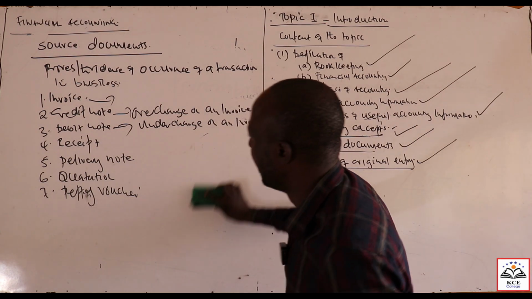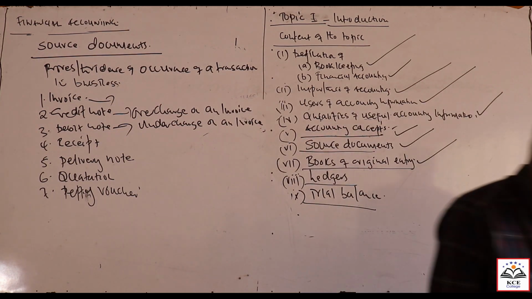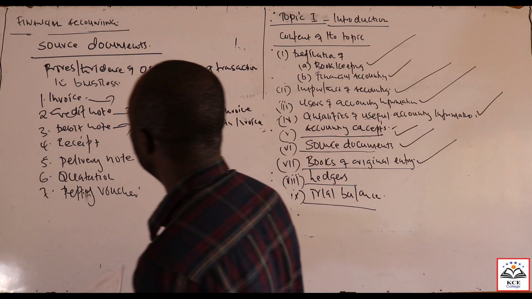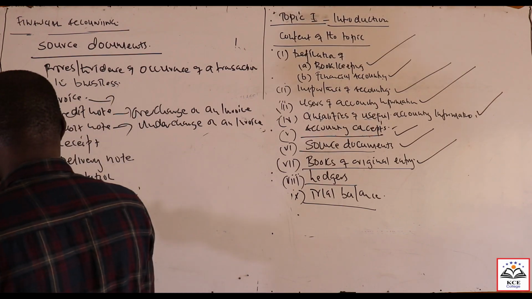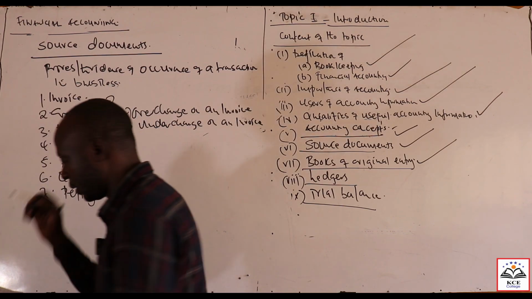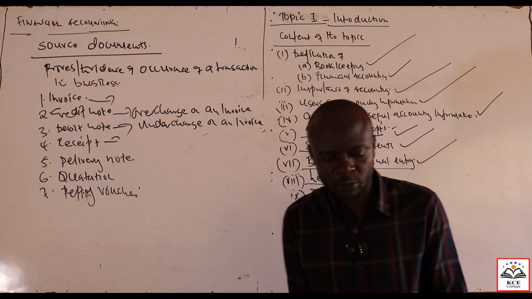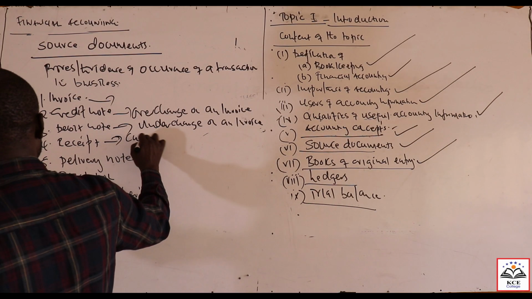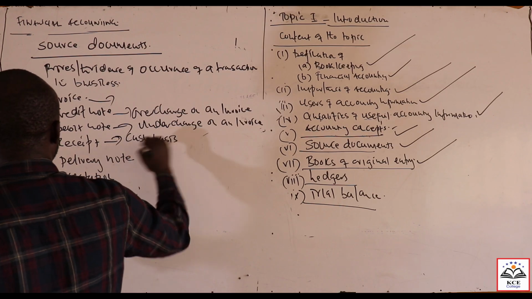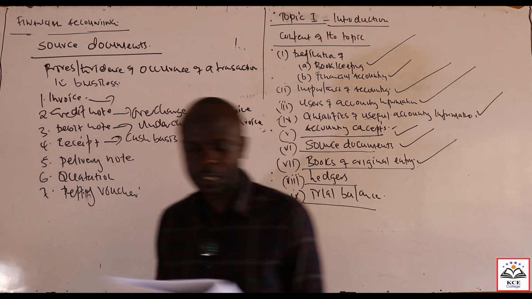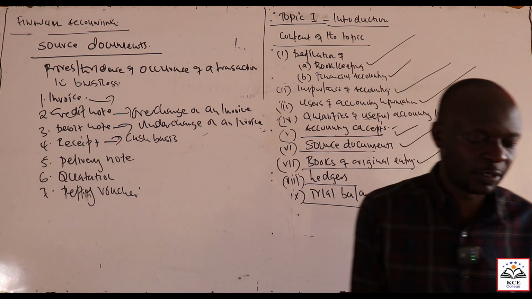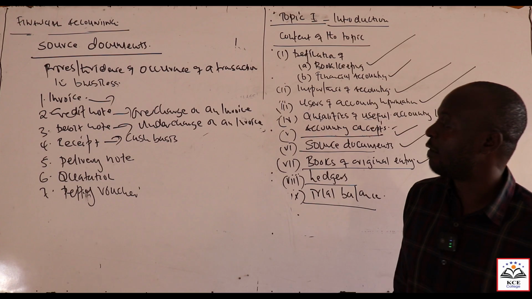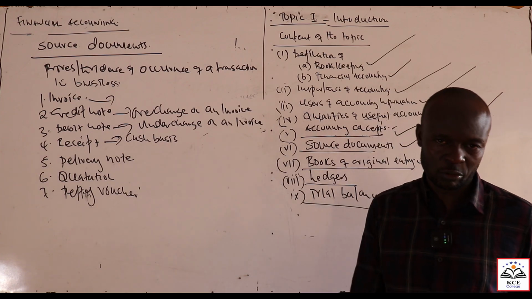Then we have a receipt. It's a document that confirms payment of goods or services on cash basis. So when you pay cash, they have to issue a receipt. So a receipt is a document that confirms cash transactions.